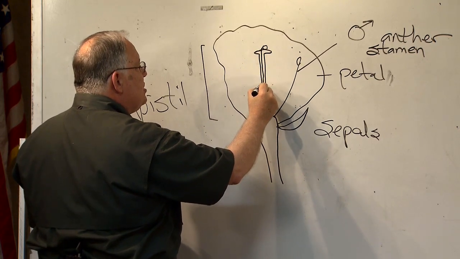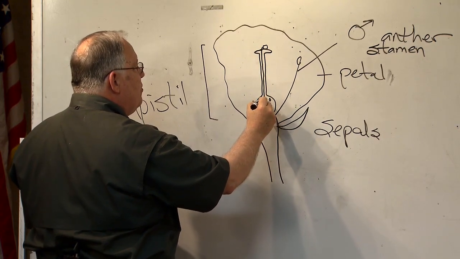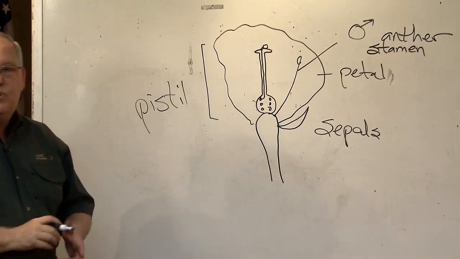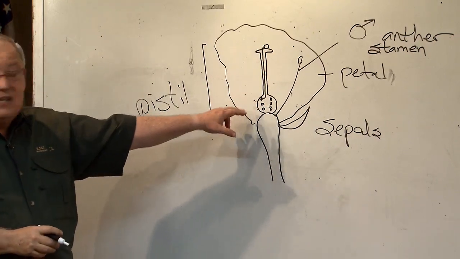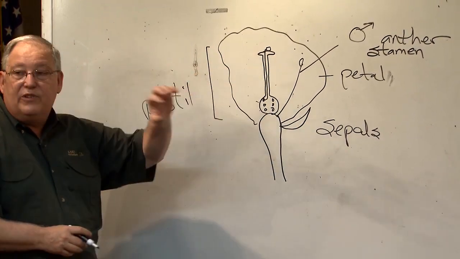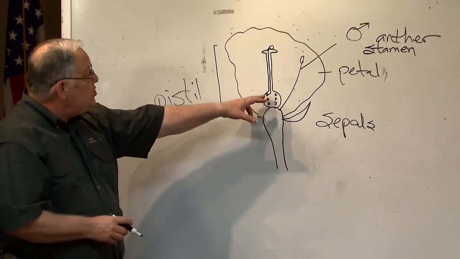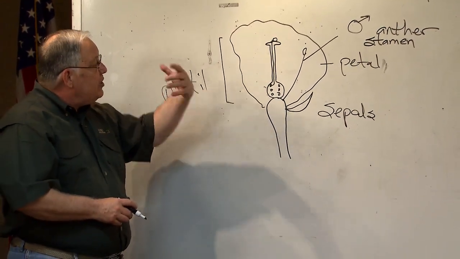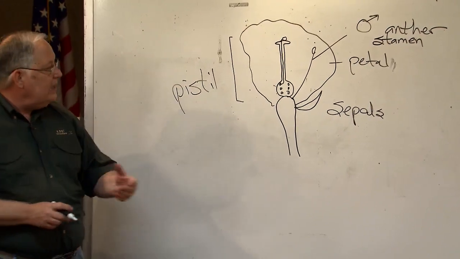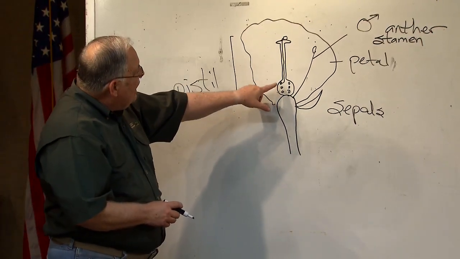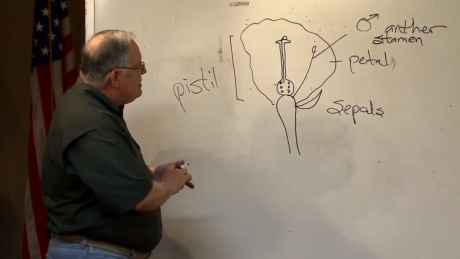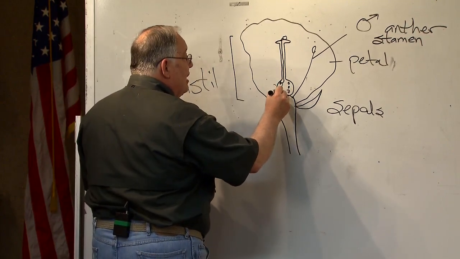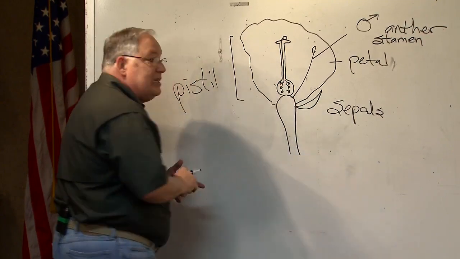And the tube grows down through the style and into the ovary, and the tube then connects up with one of the ovules or eggs. Down this tube is delivered the male nucleus that fuses with the egg nucleus to create a new embryo, a new little plant. And every one of these eggs, if it gets fertilized, turns into a separate seed.